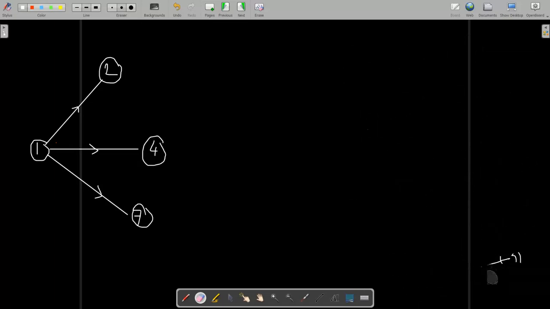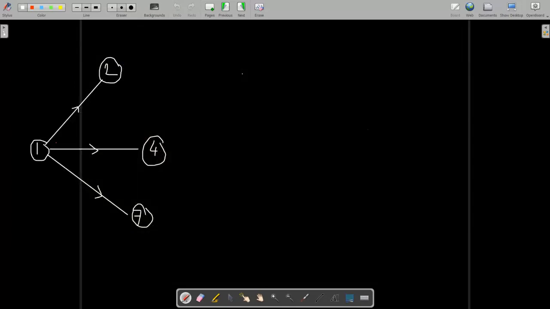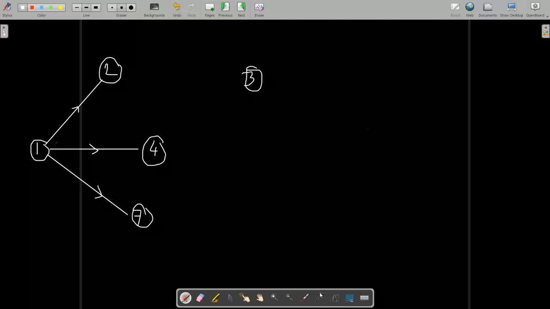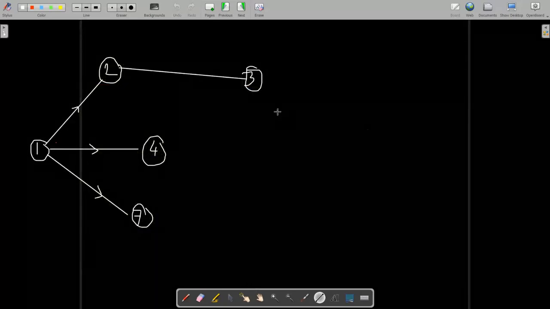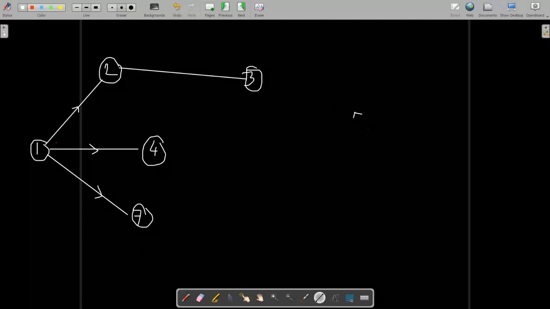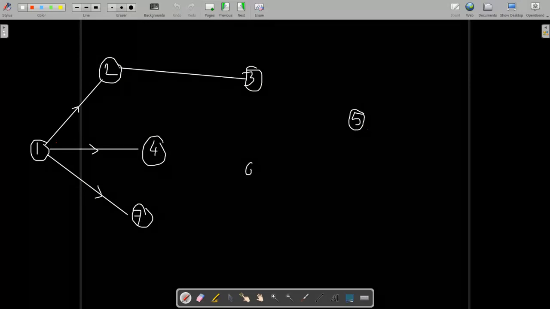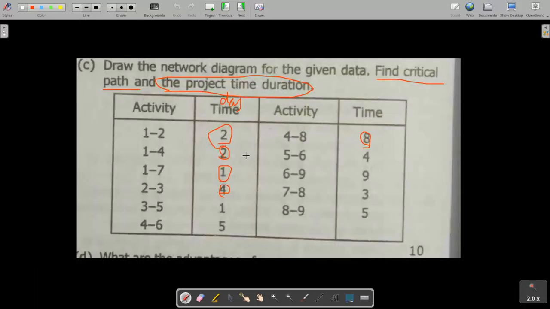If there is nothing mentioned or there is a mismatch, then to make the communication of the activities we add some dummy activities. The next activity is 2 to 3. First we have to write the third point, and 2 to 3. Then 3 to 5, there is one activity. 4 to 6, there is activity 4 6, and 4 8.